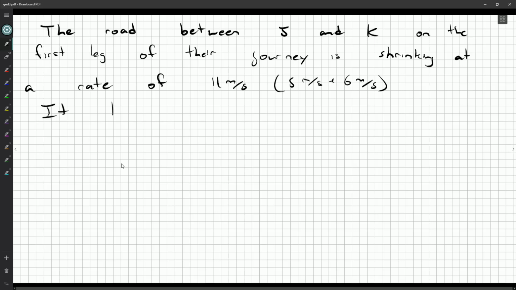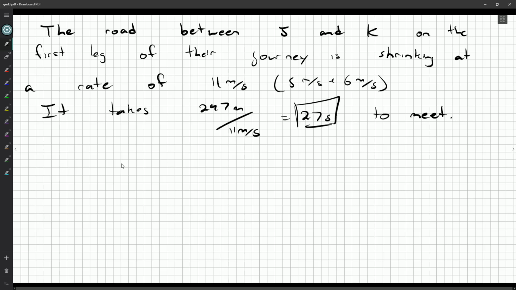So it takes 297 meters divided by 11 meters per second, 27 seconds to meet. And so that's our first time. They meet after 27 seconds.